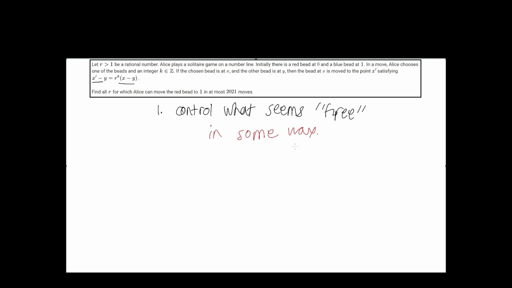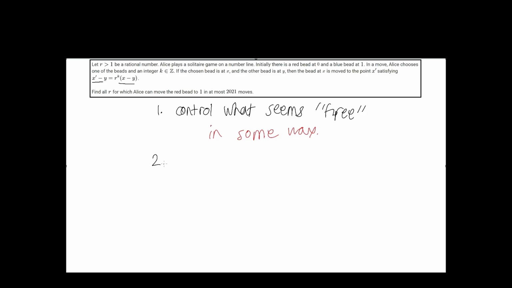In this case, an invariant worked really well because by setting r to the k equals 1, in some way that we only figured out later, could we get this to work? And that means that we got a lot of R to not even get the red bead to 1 ever. And then for those R that work, we need to somehow construct it and play around.